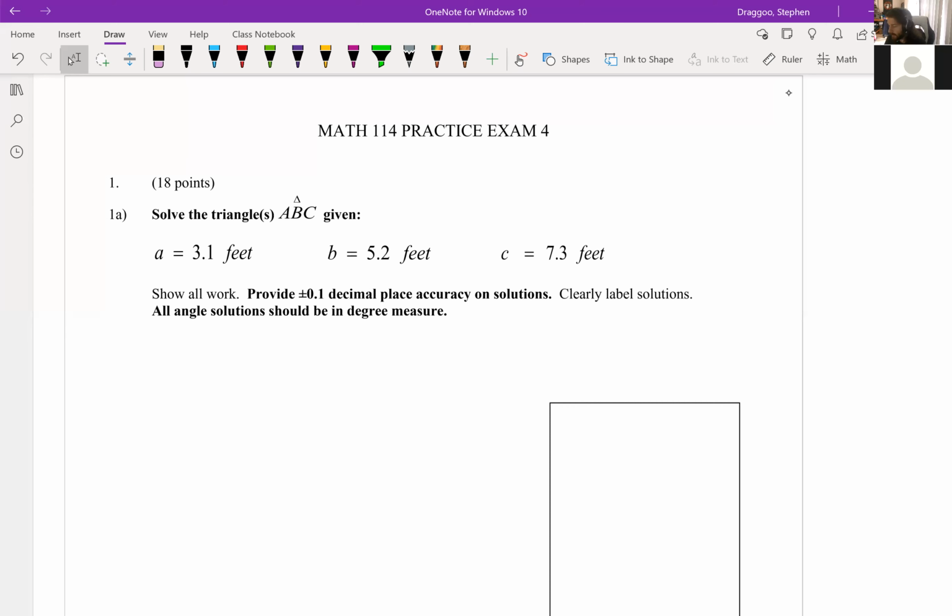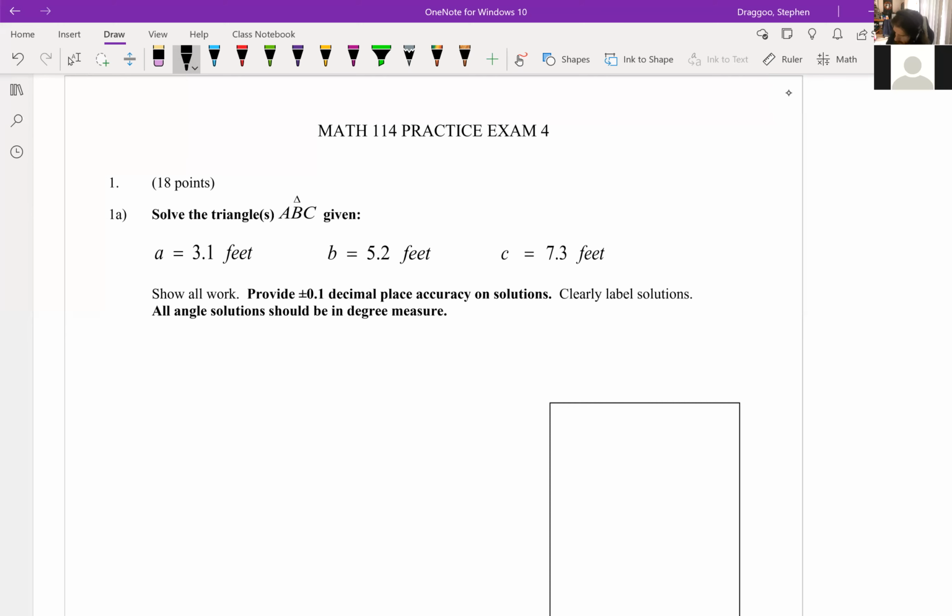So if we started for something that wasn't the largest angle first, we might end up missing it if we don't use the law of cosines. But all that is just a complicated way of saying solve for the largest angle first.